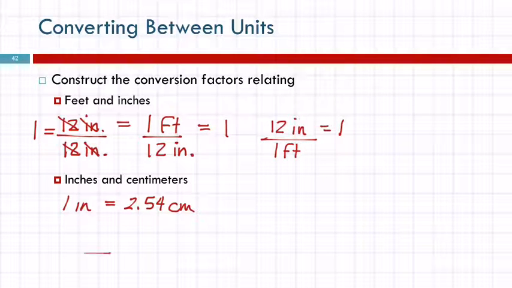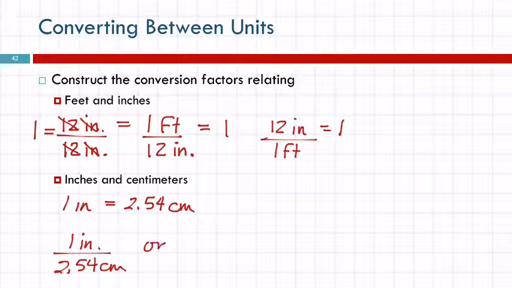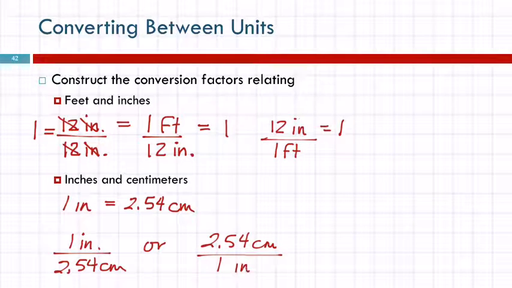I can make a conversion factor just by putting one of them on top and the other one on the bottom. So I can do it like that, or I can put the centimeters on top and the inches on the bottom. What you have to be careful with is that you keep the 2.54 with centimeters, because it's not true that 1 centimeter equals 2.54 inches. That's not true. Any questions yet?